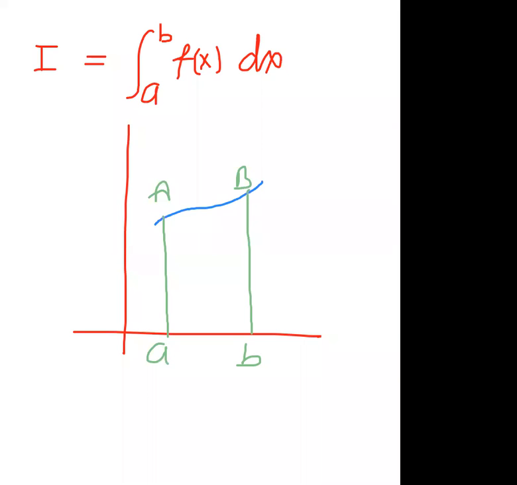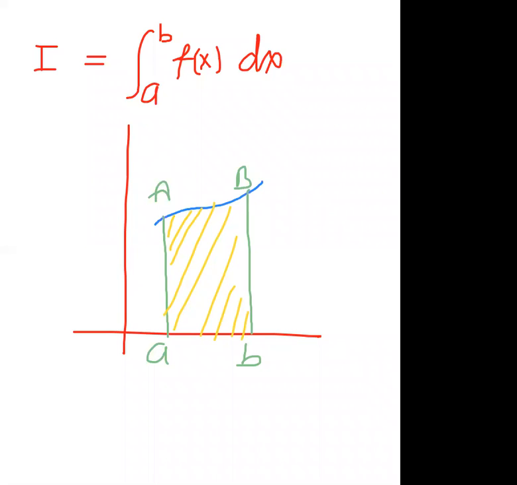Now when you are talking about the definite integral, this teaches us to calculate the area under the curve for the given limit. So definite integral means we are going to calculate the area under the curve, under the graph, for the definite limit.